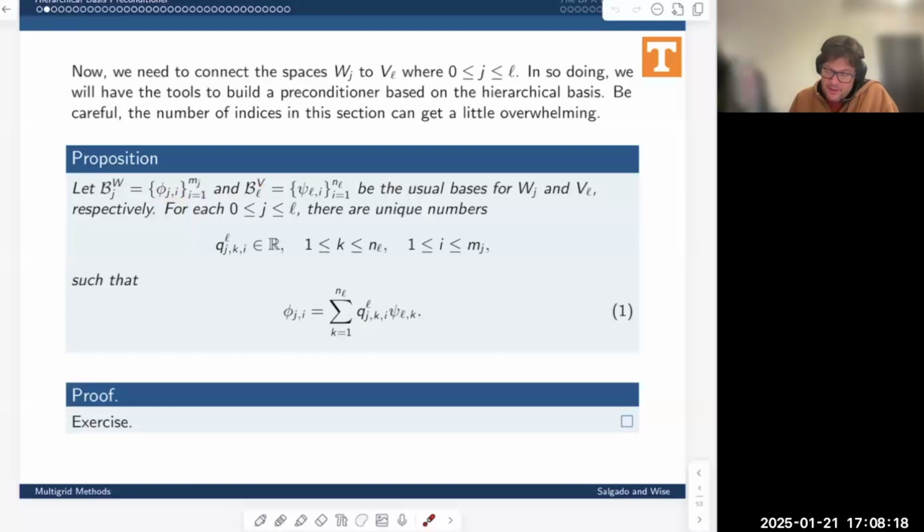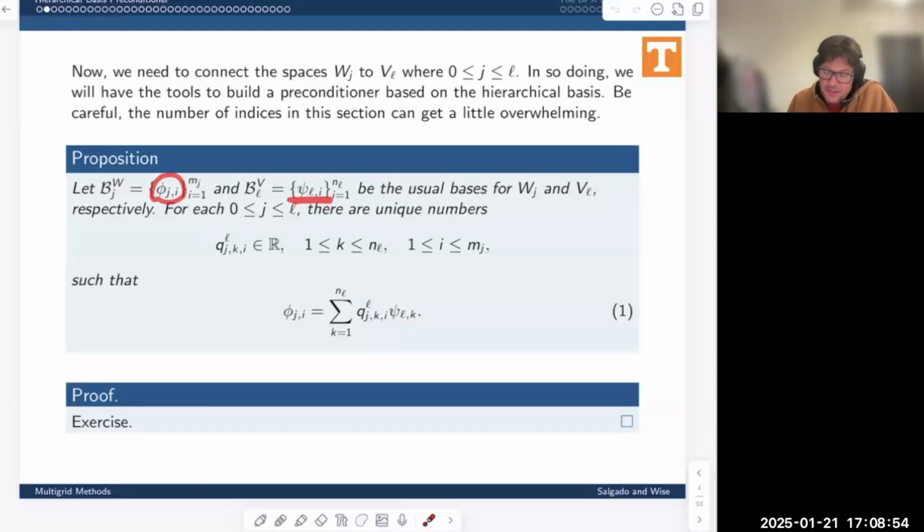So that means that there are unique numbers that have four indices, sadly, Q_{j,k,i,l}, where k goes from 1 to N_l and i goes from 1 to M_j, such that φ_{j,i}, the basis elements for the W space, is equal to the sum over k equals 1 to N_l of Q_{j,k,i,l} ψ_{l,k}.